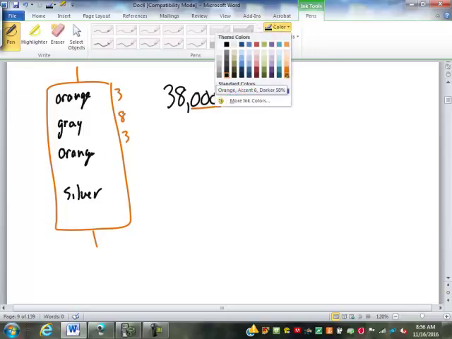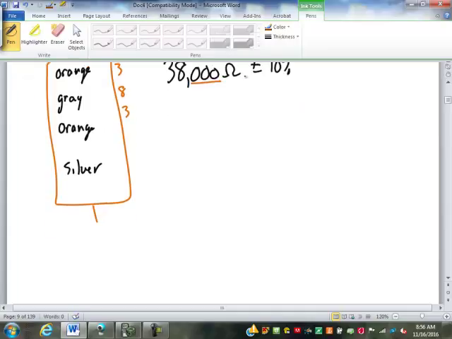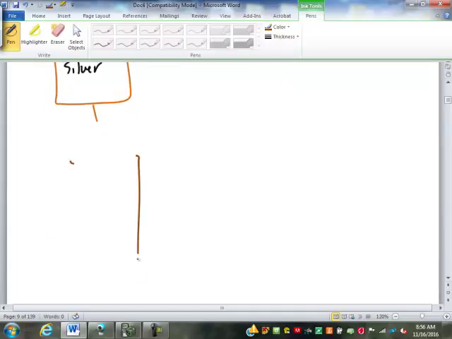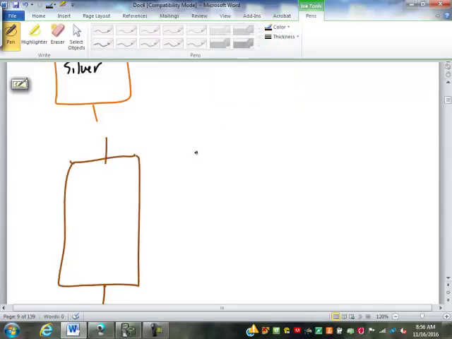What do you think? Not terrible? So if I give you 4,700 ohms plus or minus 5%, code that for me quick.